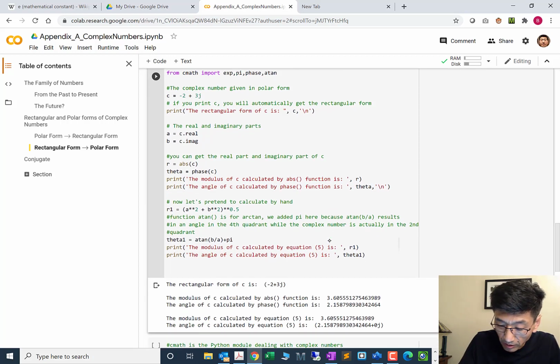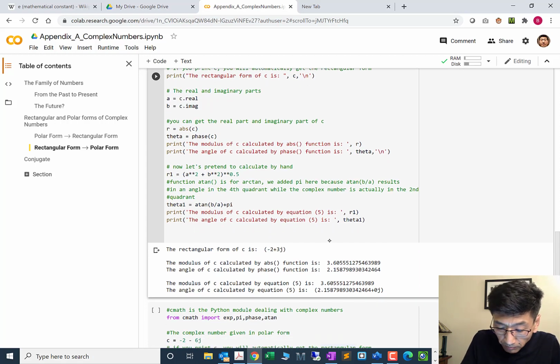This is the original. The absolute value is definitely the same, and the phase angle is in radians by default. If you want to use degrees, you need to divide it by pi and multiply by 180 to convert radians to degrees.